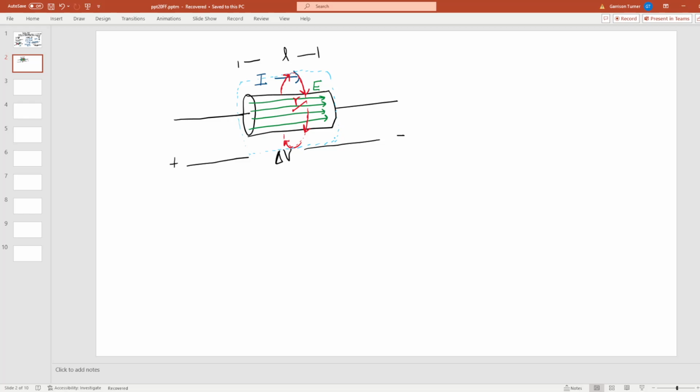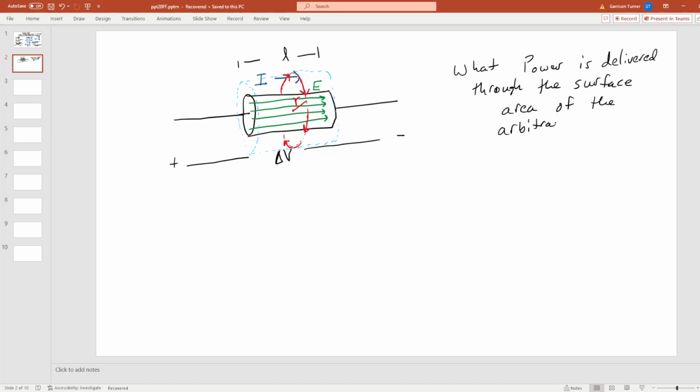If the radius of the cylinder is also r, the cylinder is going to completely encompass the resistor.